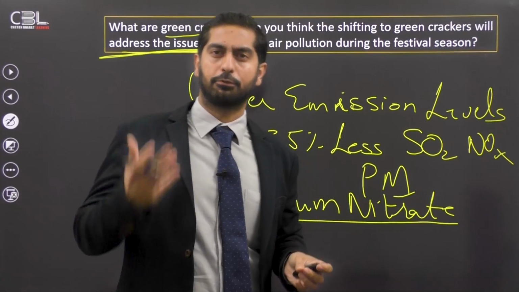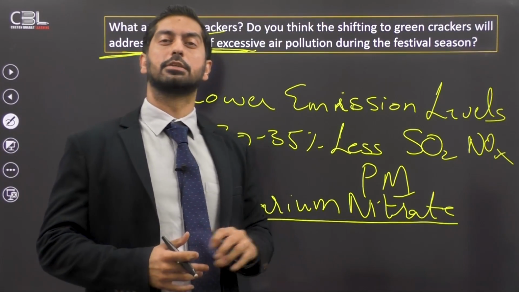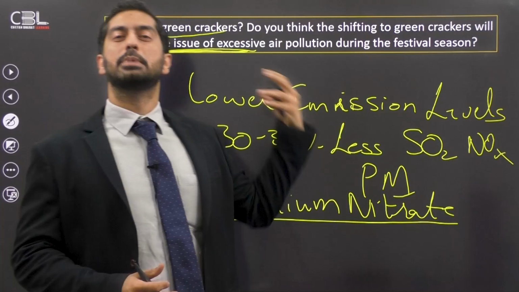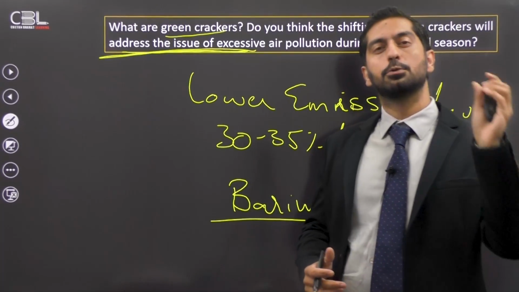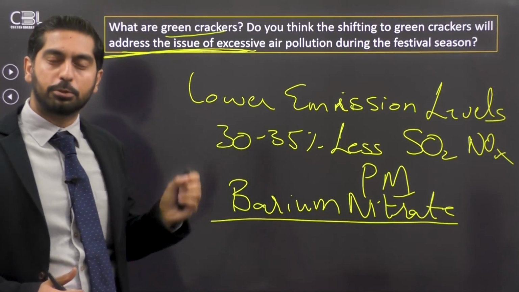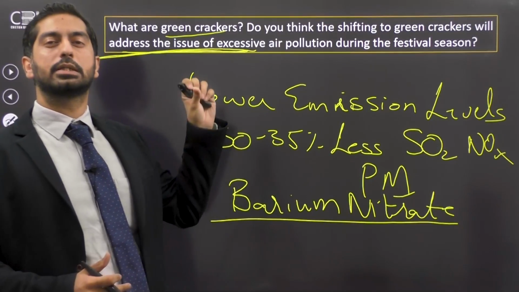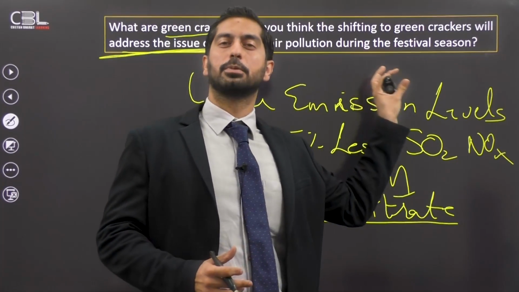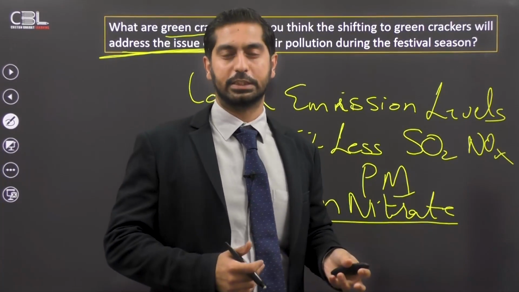So there are multiple factors that are responsible for excessive air pollution during the festival season, bursting of crackers being one of them. No doubt shifting to green crackers will reduce the contribution of crackers in causing the air pollution, but solving this problem in totality requires multi-dimensional efforts.